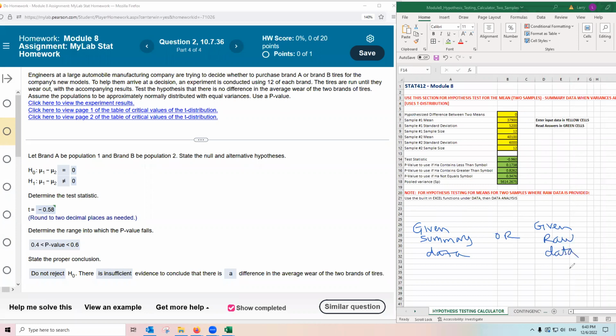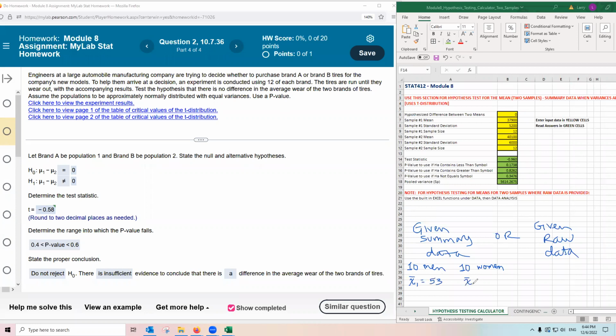Let me give you an example. Let's say I take a sample of 10 men and 10 women, and I want to compare average salaries, mean salaries, for these two groups. Maybe someone has already calculated that the sample mean for these 10 men, I'm going to call it X sub 1, is $53,000.